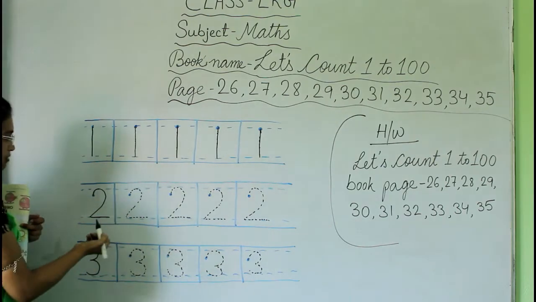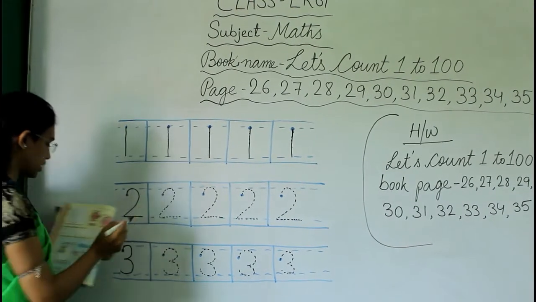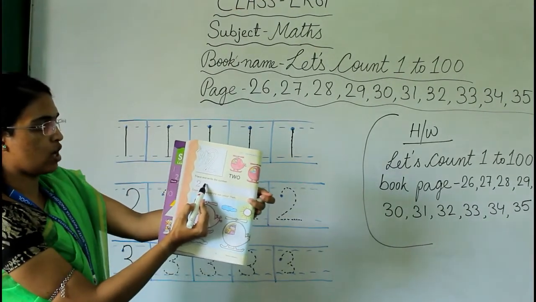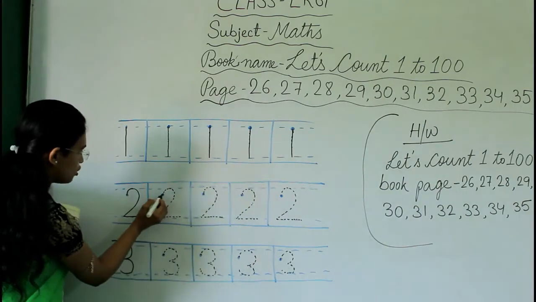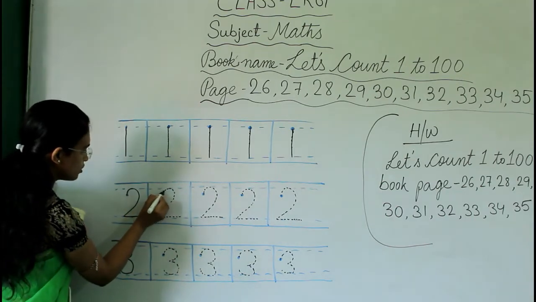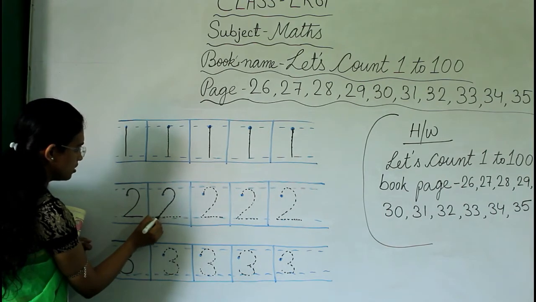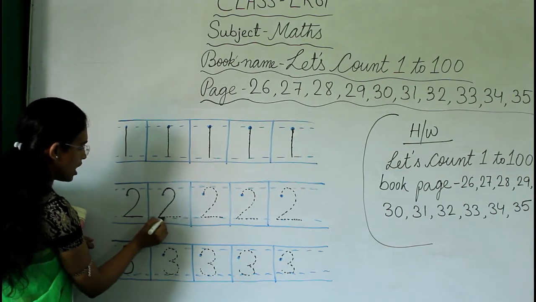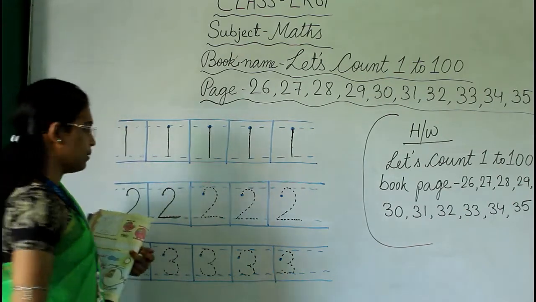Now look at the board. I will show you how we will trace the number 2. From here, look, here is a dot. Can you see this dot? Black color dot. Yes. So I have also made a dot like this. So from this dot, you have to draw a curved line like this. Then you have to draw a slipping line like this, and it becomes number 2.